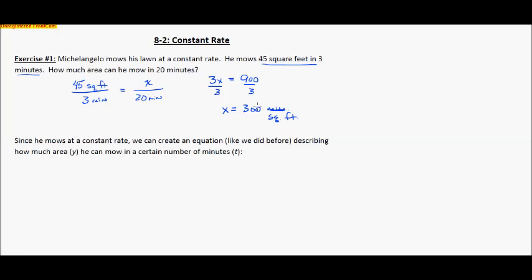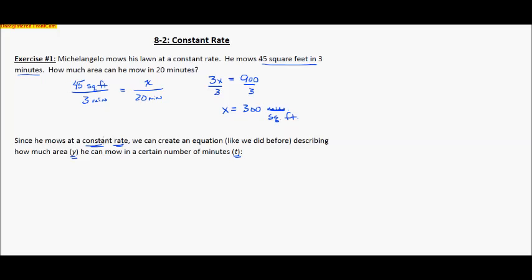Pretty straightforward for the first part, but now we're going to take it a little further. Since he mows at a constant rate, and again, it's important that they've said that, we can create an equation describing how much area, we're going to use y to stand for area, he can mow in a certain number of minutes, t.